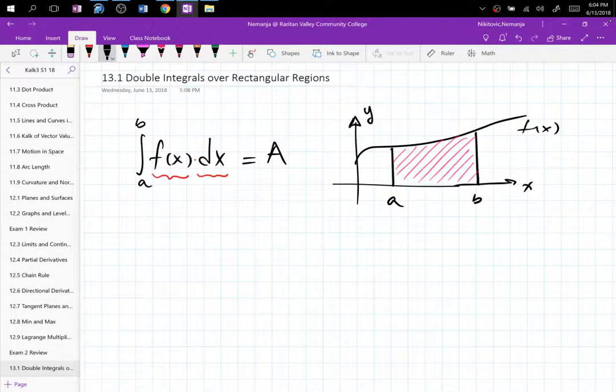Now, the way this works is we can pick a representative rectangle, and that representative rectangle is infinitely thin. So this delta x, the dx, is extremely, extremely small.